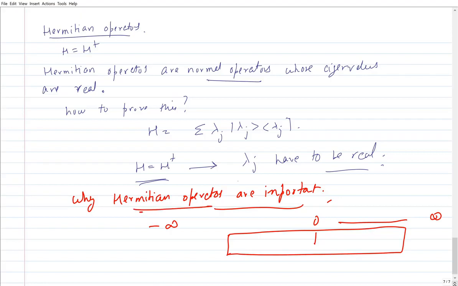So Hermitian operators, or the physical operators which are measurable in quantum mechanics, better be Hermitian. Quantum mechanical observables are Hermitian operators.